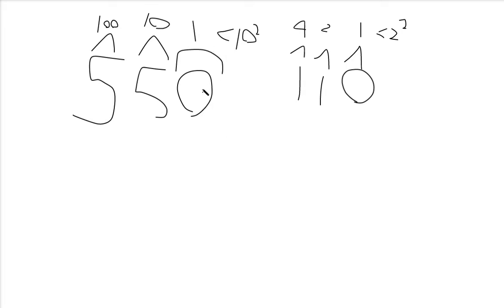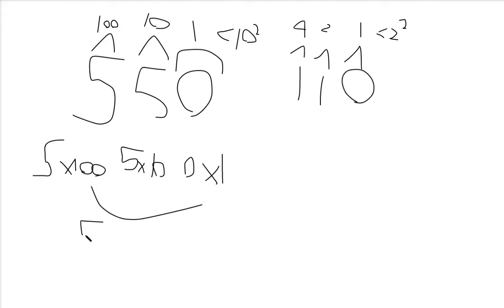So, because of the values in the places adding up to the whole number in decimal, you can do the same with binary. So, say this number is 550 because there are 5 100s, 5 tens, and 0 ones, which add up to 550.